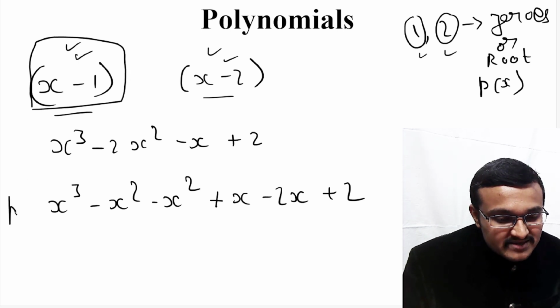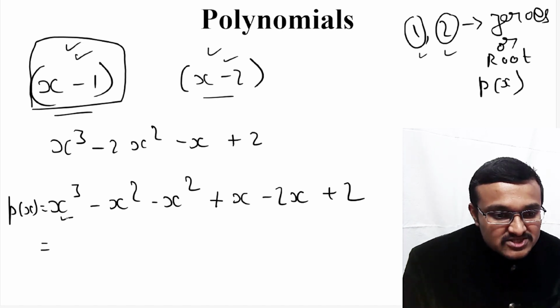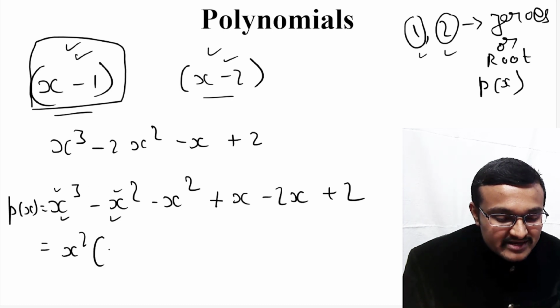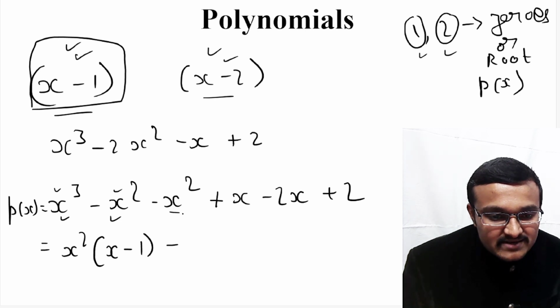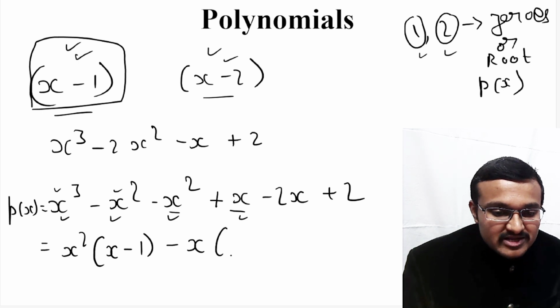So let us take this as p of x, which is equal to, now you can take x square common in these two. When you take x square common, x will be remaining, here minus 1 will be remaining. So x square into x minus 1. Here you can take minus x common in these two terms, here x will be remaining, here minus 1 will be remaining.